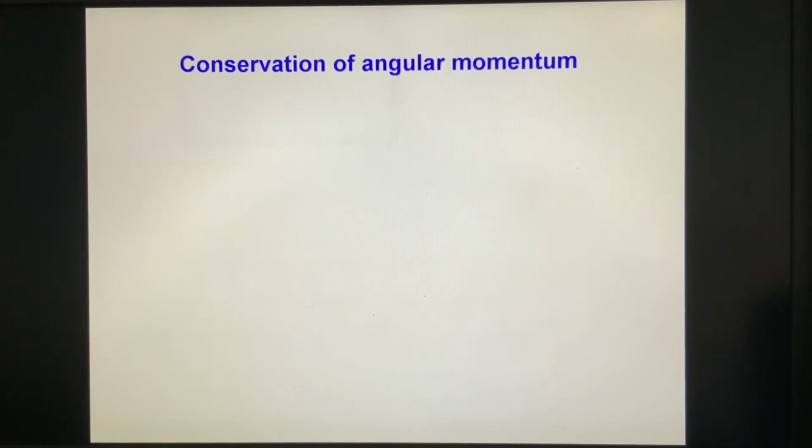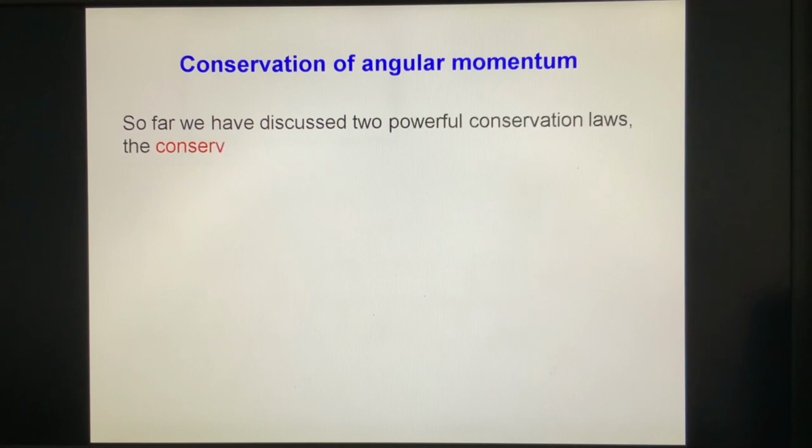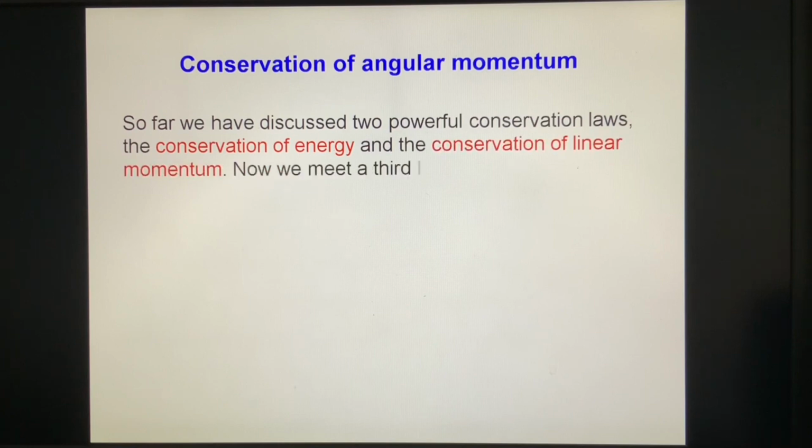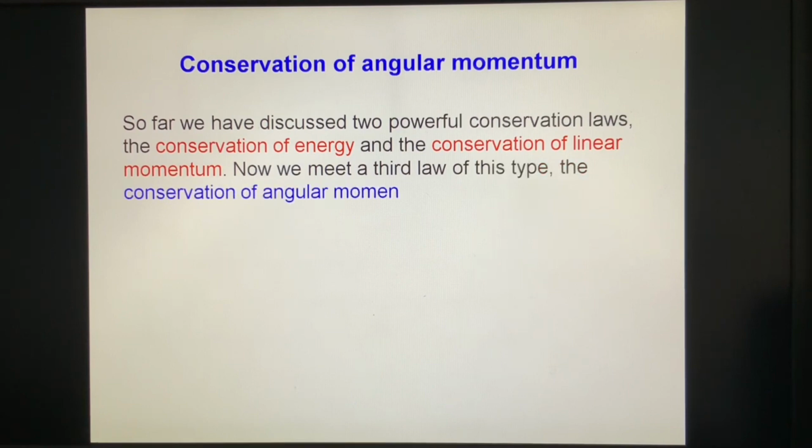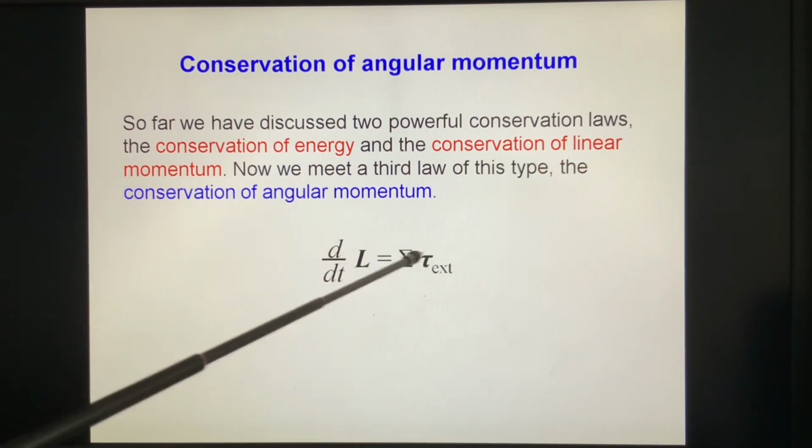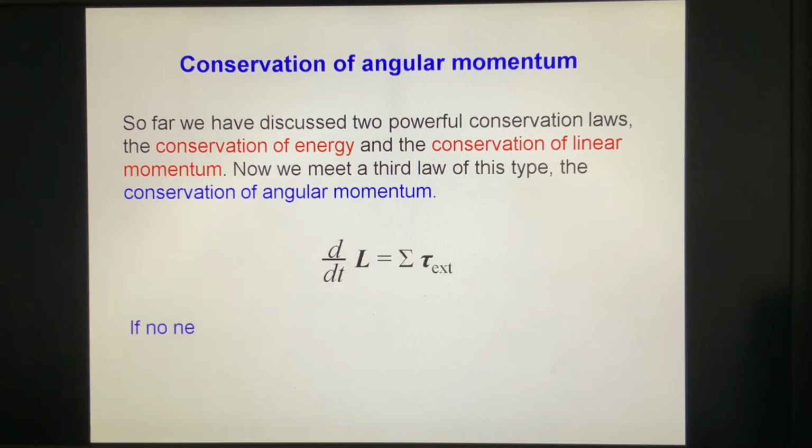Conservation of angular momentum, okay? So far, we have discussed two powerful conservation laws: the conservation of energy, the conservation of linear momentum. Now, we met a third law of this type, the conservation of angular momentum. dL/dt equals sigma tau external, okay?